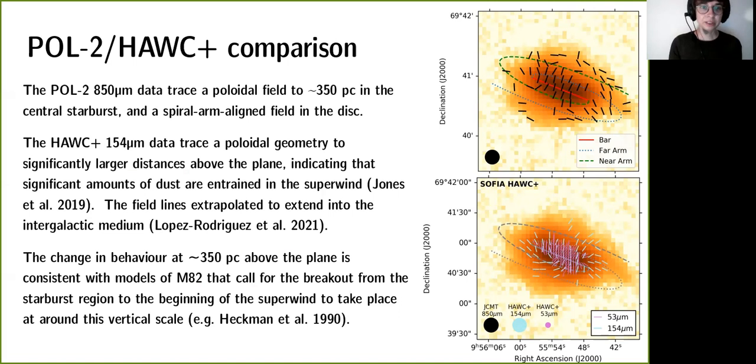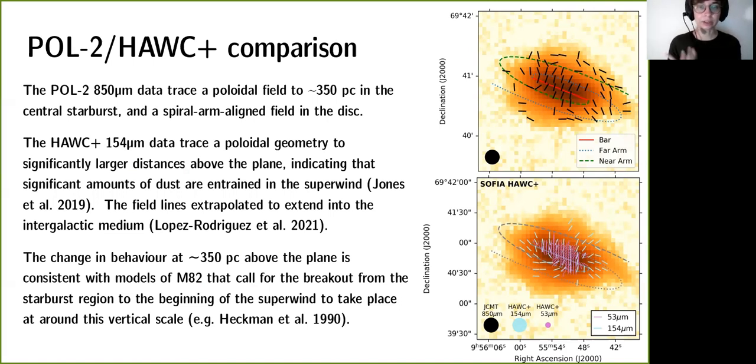So it would seem that while POL2 is seeing the disk, HAWC Plus is seeing the magnetic field in the superwind, which is interesting as first it indicates that there's a really significant amount of dust entrained in the superwind for HAWC Plus to detect. And also it allows the field lines in the superwind to be extrapolated. This is work done by Lopez Rodriguez et al. this year.